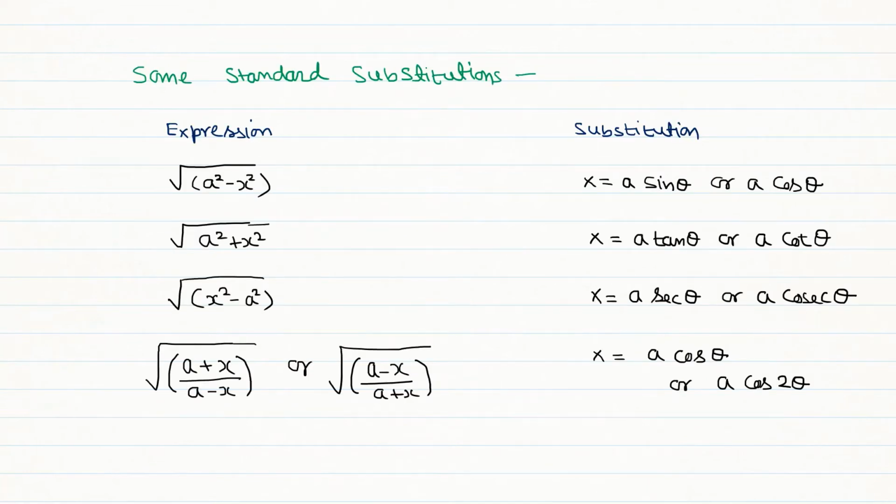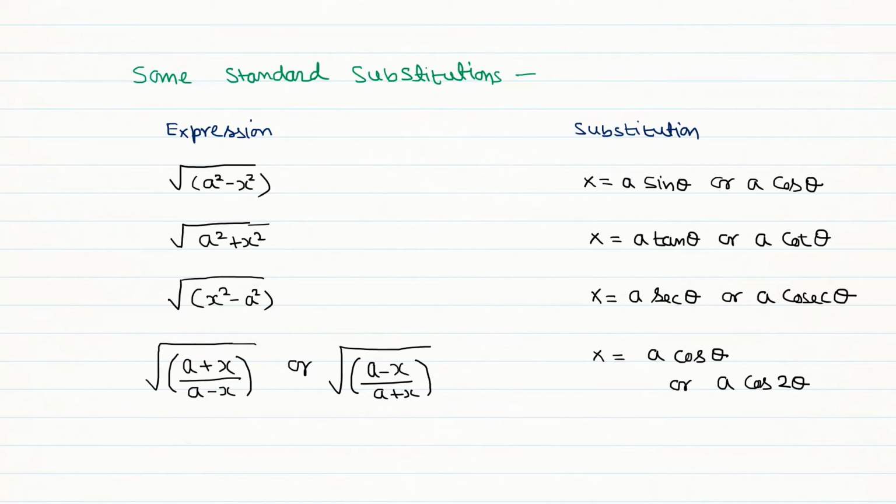Now, when we are solving the questions, at times it is really helpful to substitute x with something, then the question becomes very easy. So these are called standard substitutions, and if you remember them, it will be a great help while solving the questions. For example, if the expression in the question is something under root of a square minus x square, then try to substitute x as a sine theta or a cos theta.